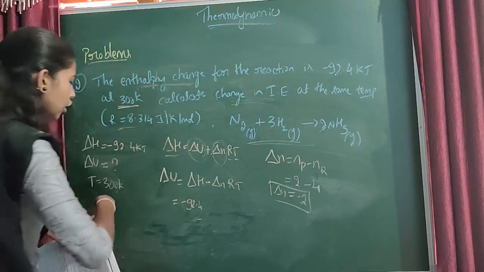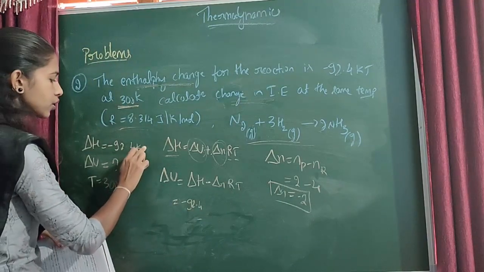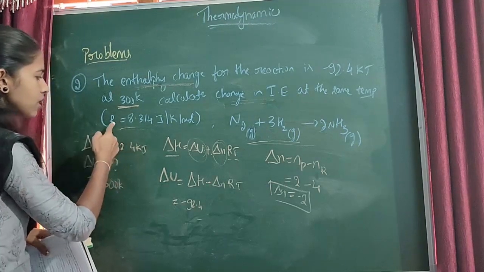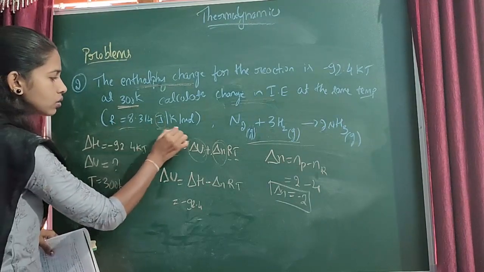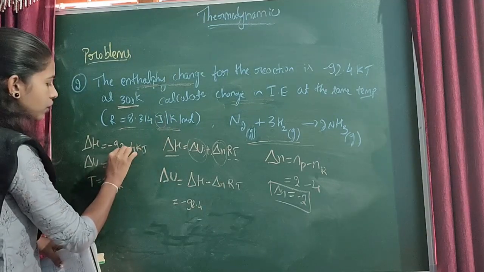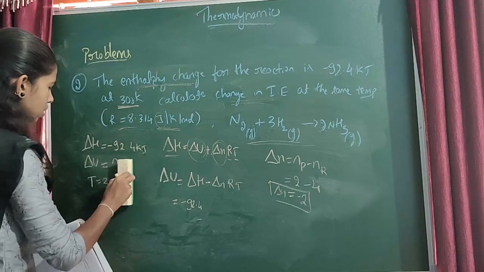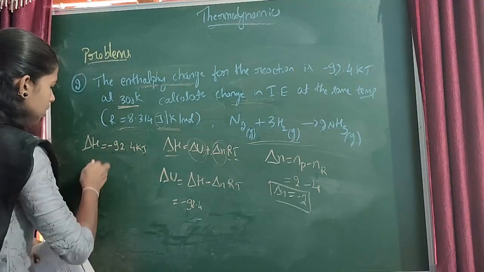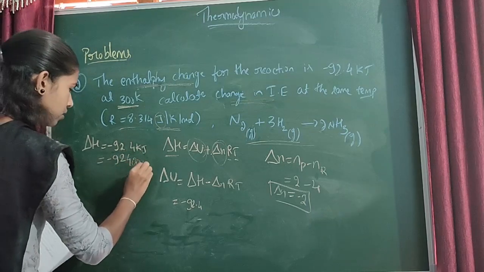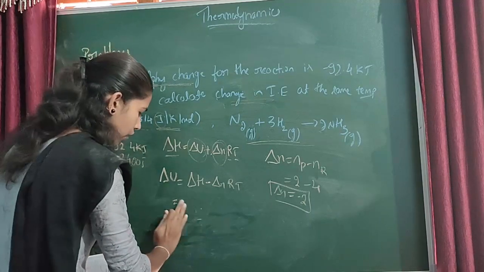Here it is in kilojoule. We have to convert this into joule because the R value is in joule, right? How much will we get? Minus 92,400 joule.